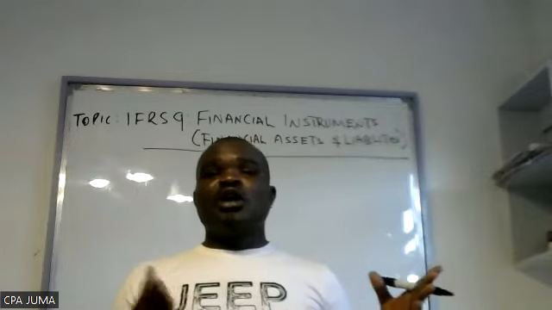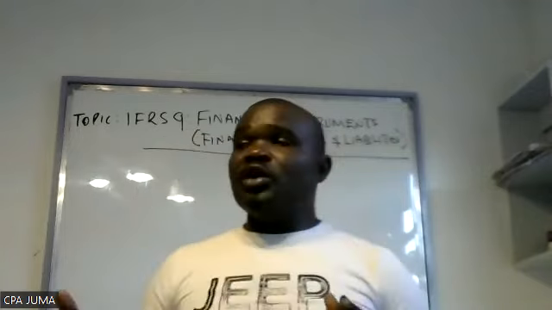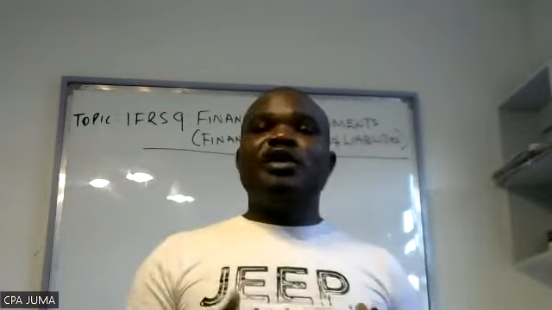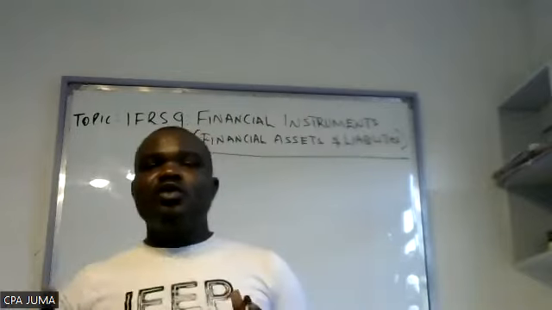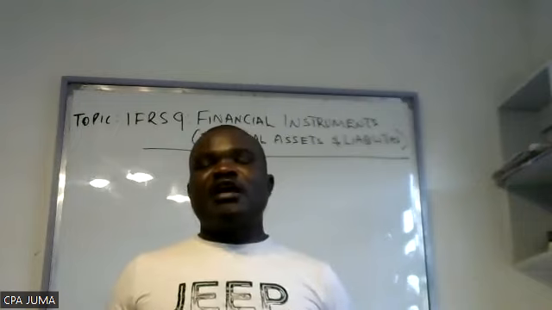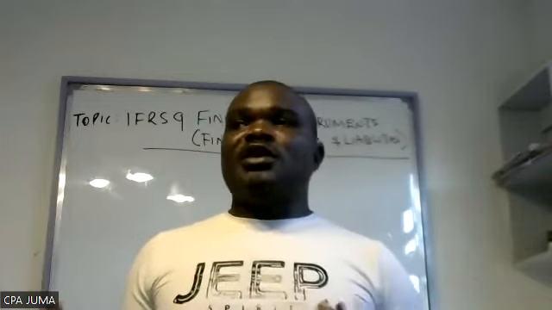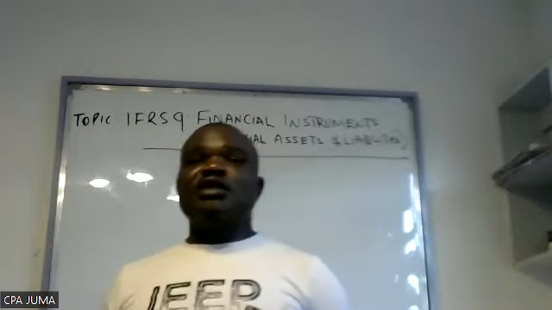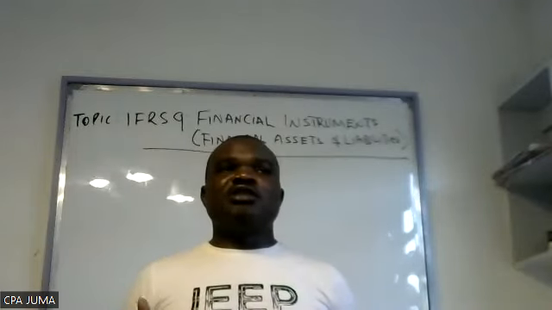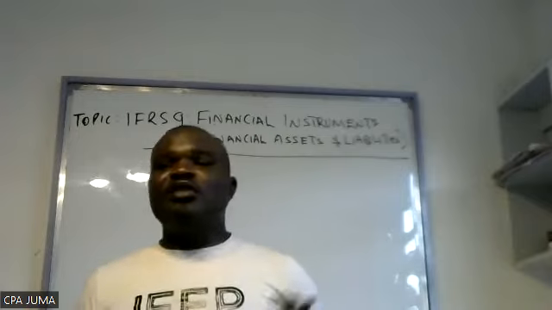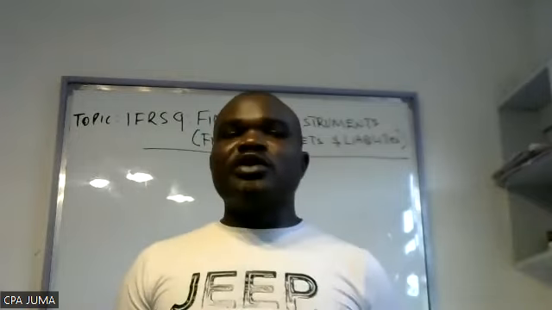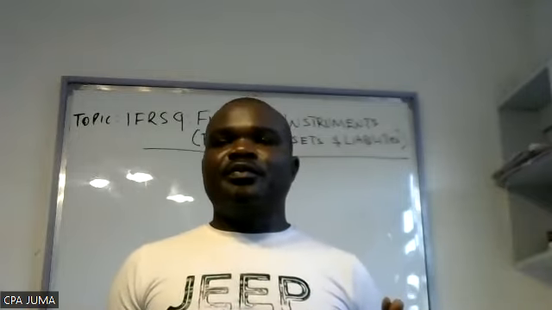However, during that 10-year period, they will be required to pay you interest. So it is a form of investment. Our main question is, how do you recognize such transactions in the financial statements? That is going to be our main concern.